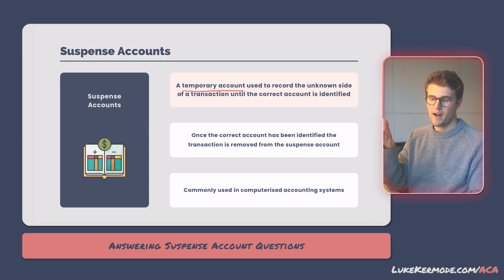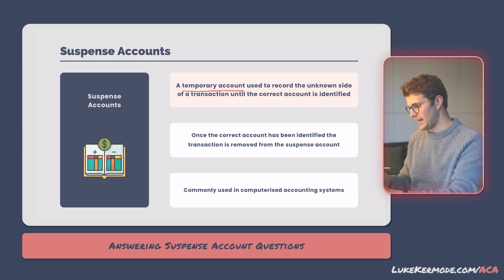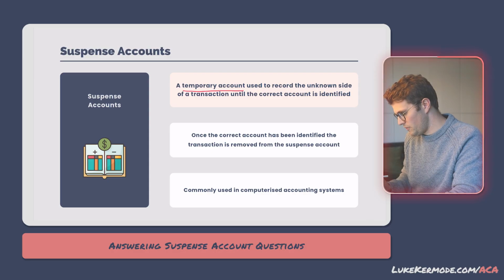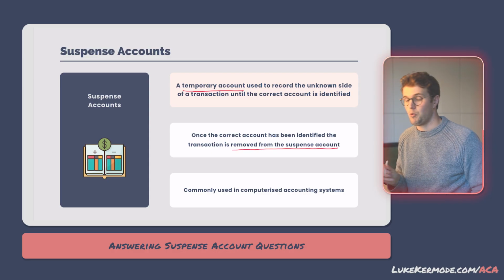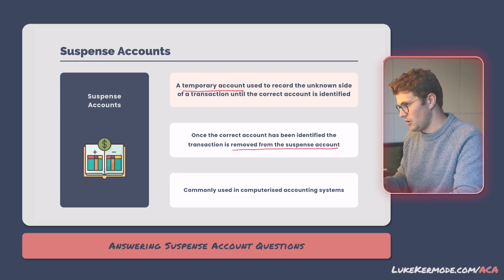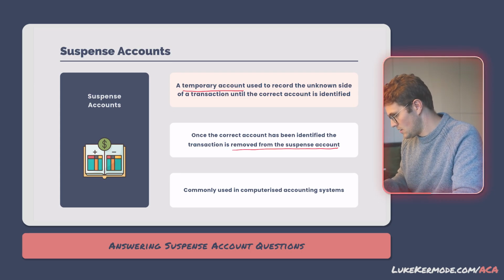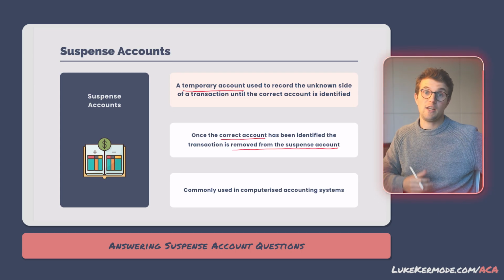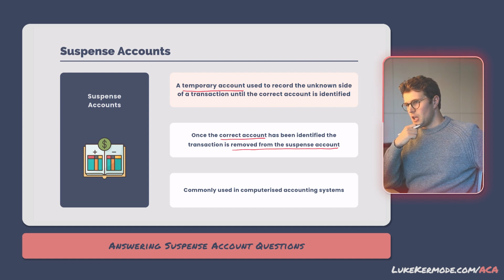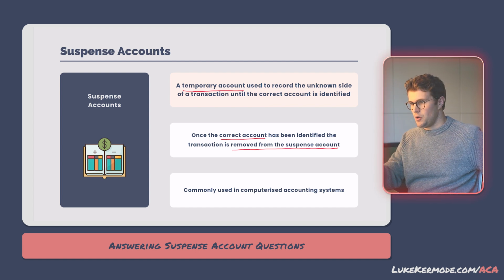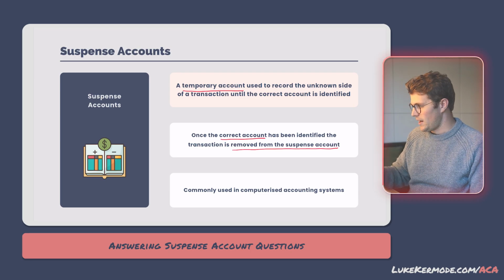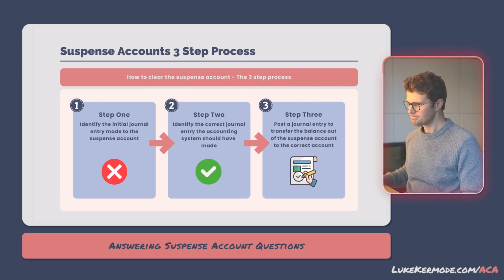And once the correct ledger account is confirmed by the accountant, the system will remove the transaction from the suspense account and will reallocate it to the correct nominal ledger account using a journal entry adjustment. You won't see suspense accounts being used for every correction in your exam, but they're incredibly useful when only one side of a transaction is unclear.